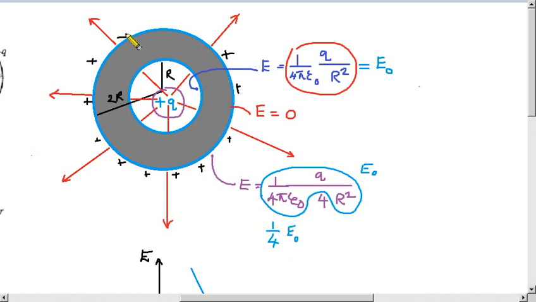Even though it is a single letter, the charge is behaving like this. So positive q is spread along this surface. So there are force lines like this, but they don't affect inside.